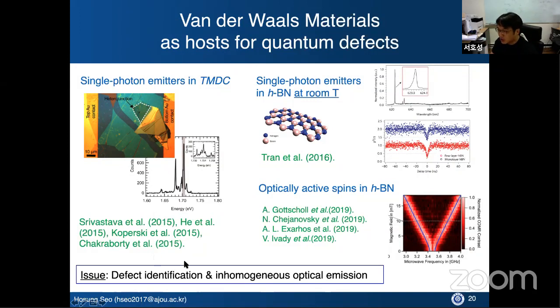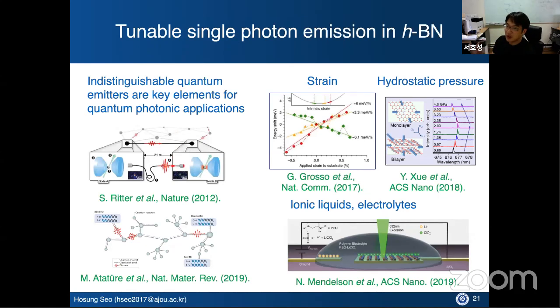But the main issue in this emerging field is that in experiment you observe single photon emitters in two-dimensional materials, but those are defects. The critical issue is that you don't know the atomic structure of those defects, and the frequencies of those emitters are all different. It's inhomogeneous. These inhomogeneous optical lines are critical if you think about quantum optics experiments, because the basic quantum optics experiment is two-photon interference, right?